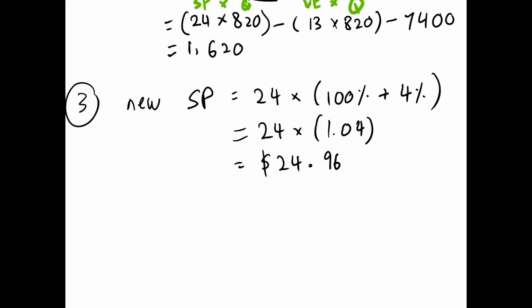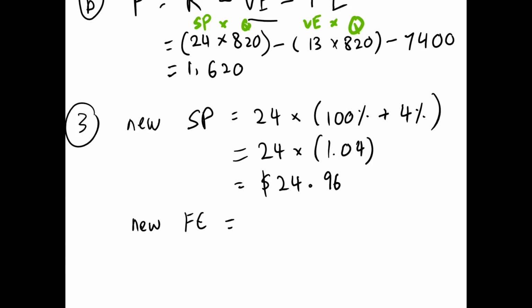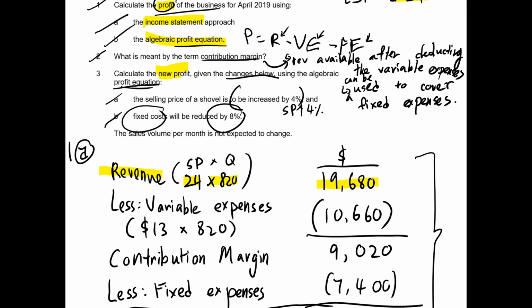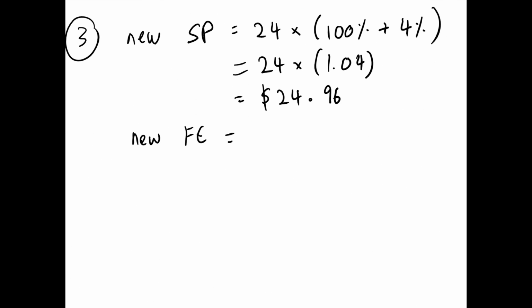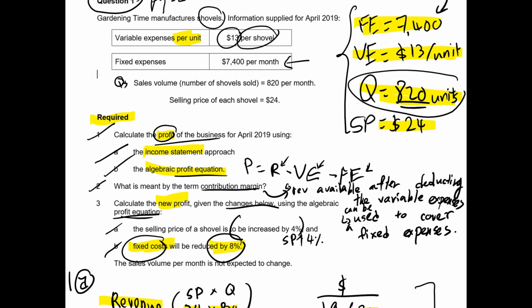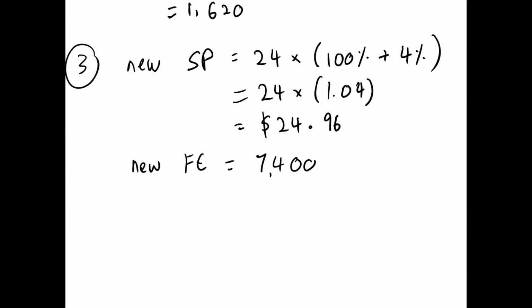At the same time, you have a new fixed expense. If you look at your fixed expense, it mentioned that your fixed cost will reduce by 8%. So the original fixed expense is 7,400. You have to reduce by 8%. So you have to times with 100% minus 8%, because your fixed cost is reduced by 8%.